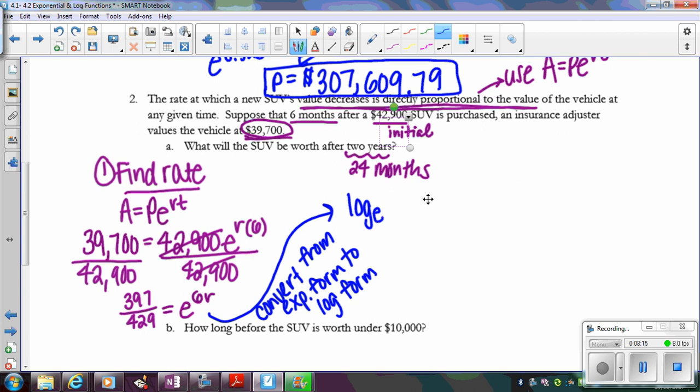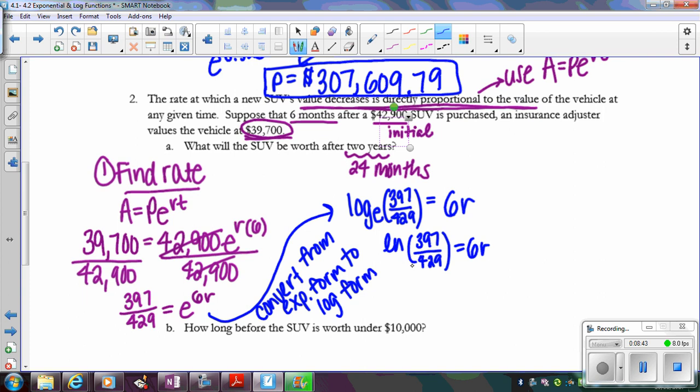And remember, the exponent is going to equal the log, so 6R is going to be over here. And then the 397 over 429 is what I'm taking the log of. And remember, whenever it's log base e, that's really the same thing as ln. This is why we talked about all of the converting, because in a problem like this, you have to be able to convert to be able to solve it.